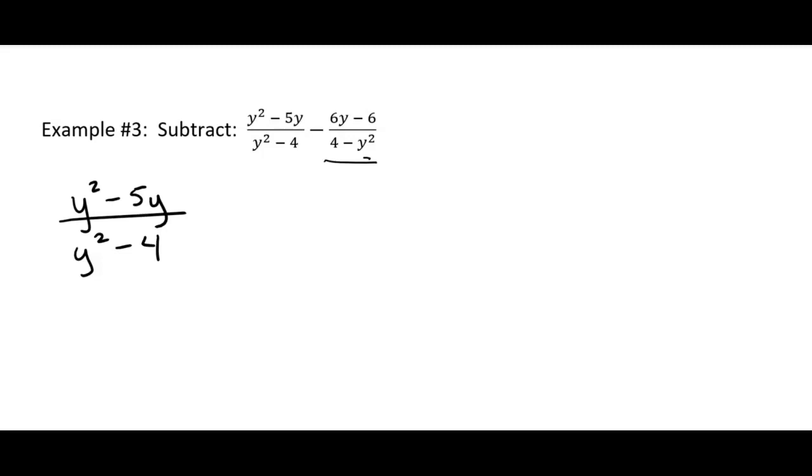Can't do any canceling there, so if you were thinking, oh, I want to cancel something, no, it's not factored. And then in the denominator of the second rational expression, I have 4 minus y squared. Okay, so what I'm going to do is multiply by a -1 up here in the numerator and a -1, I need these parentheses, in the denominator.